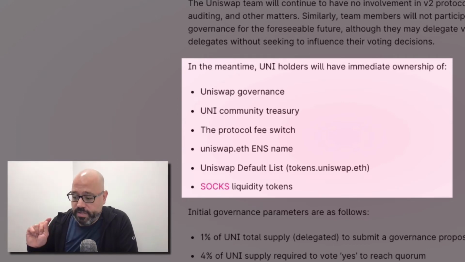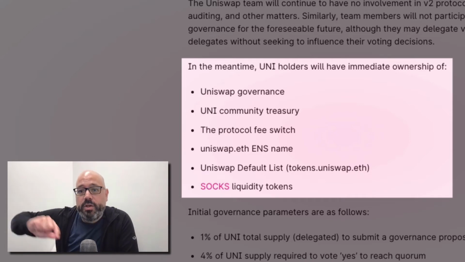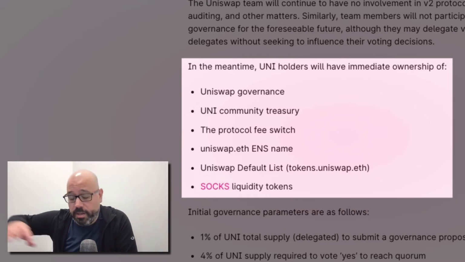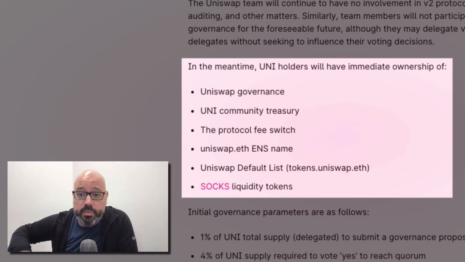The protocol fee switch. This is the one thing that might affect you, but not really. And what this is, is that 0.3% fee on every single trade. Currently, the entire 0.3% fee goes to the liquidity providers. It gets split among all the providers in that liquidity pool.